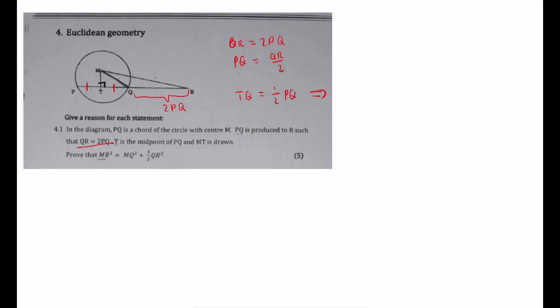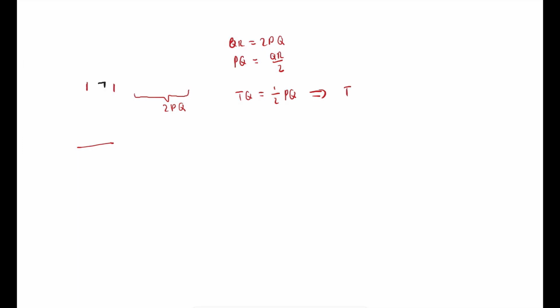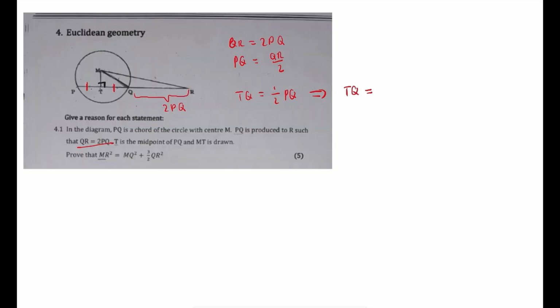And this must mean that my TQ is going to be equals to 1 over 2 into QR over 2. And this is going to be QR over 4. Isn't that amazing? So this is the same thing as 1 over 4 QR.